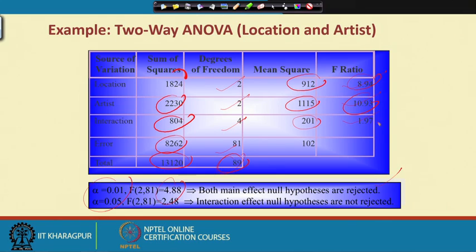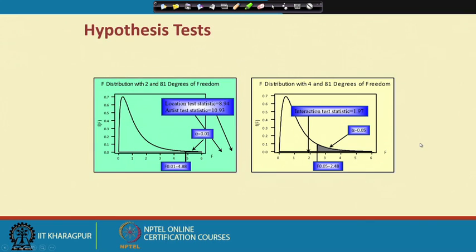But in the case of the interactive effect, the calculated value is less than the critical value, so we cannot reject in this case. That means in this particular process, the main effects are statistically significant, while the interactive effect is not statistically significant.